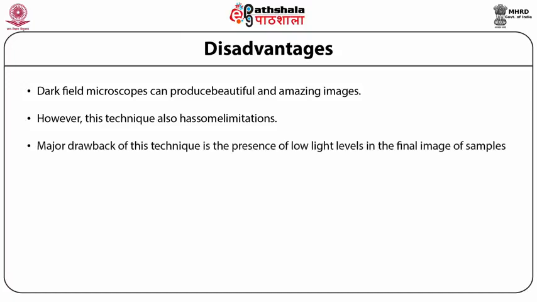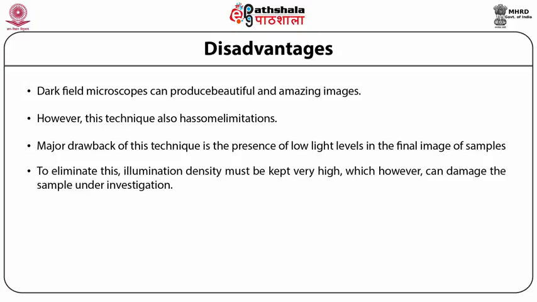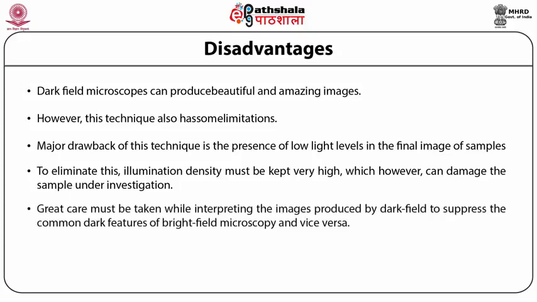Major drawback of this technique is the presence of low light levels in the final image of samples. To eliminate this, illumination density must be kept very high, which, however, can damage the sample under investigation. Great care must be taken while interpreting the images produced by dark field to suppress the common dark features of bright field microscopy and vice versa.